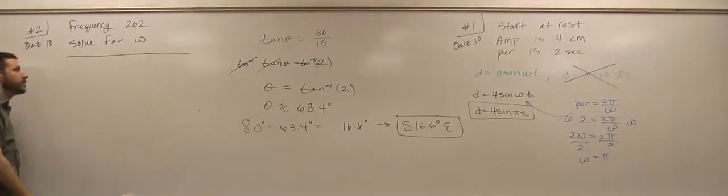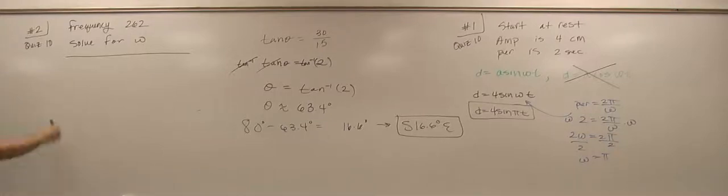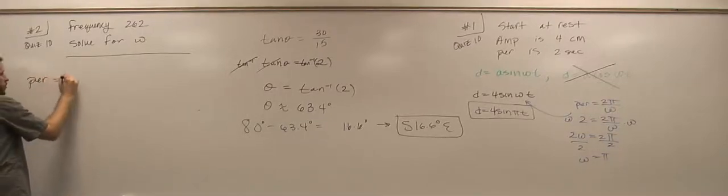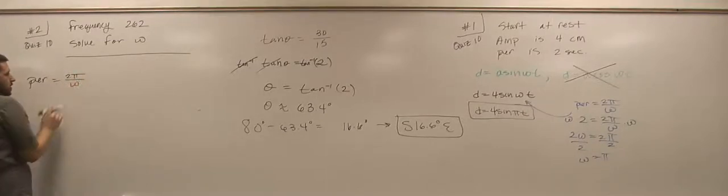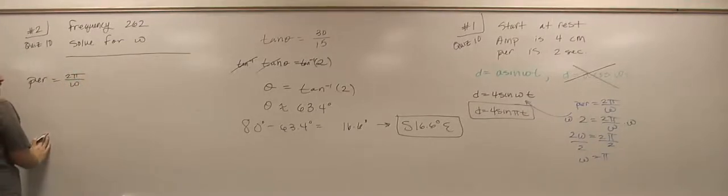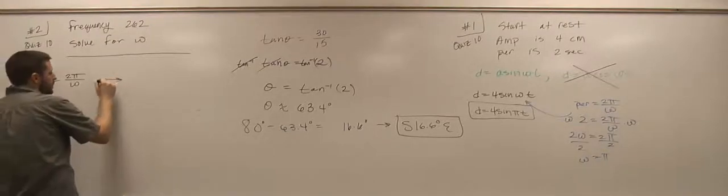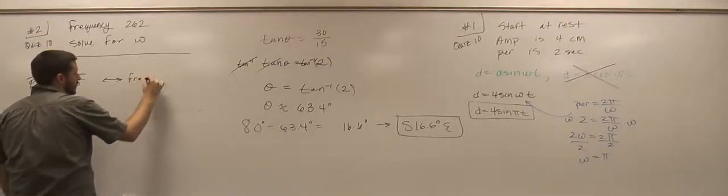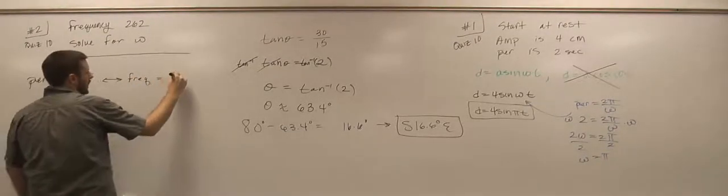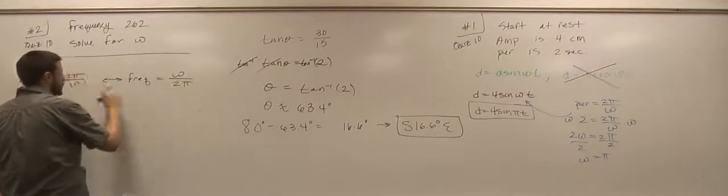What's the relationship between frequency and period? Inverses. They're reciprocals, yes. So, the period is 2 pi over omega. So the frequency is equal to omega over 2 pi. That's one way to do this. Just flip the formula.